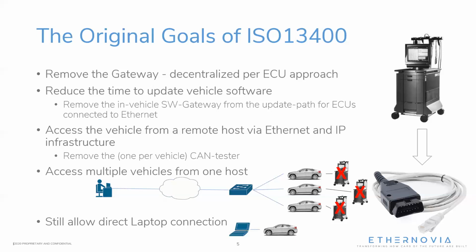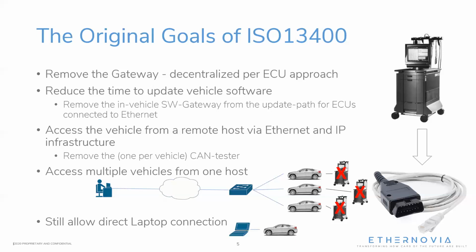It'd be much easier if I could just connect my OBD connector with an RJ45 block into the network of whatever building I'm in, and then I can actually access that vehicle from some remote host and update the software of multiple vehicles without having to have a box sitting next to them.